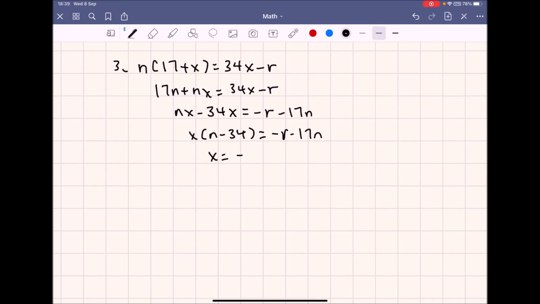x equals negative r minus 17n over n minus 34.